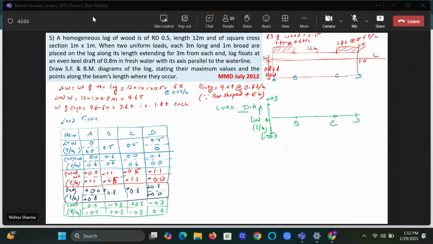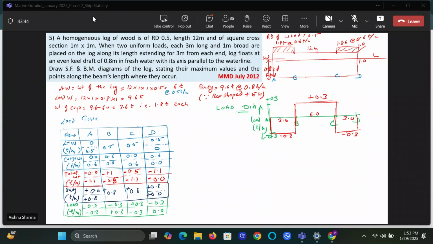Now, 0 to minus 0.3, then minus 0.3, then goes to plus 0.3, and then remains plus 0.3. This is minus 0.3 and minus 0.3. This is 12 meters, so this is 3 meters, this is 3 meters, and this is 6 meters, and this is plus 0.3.